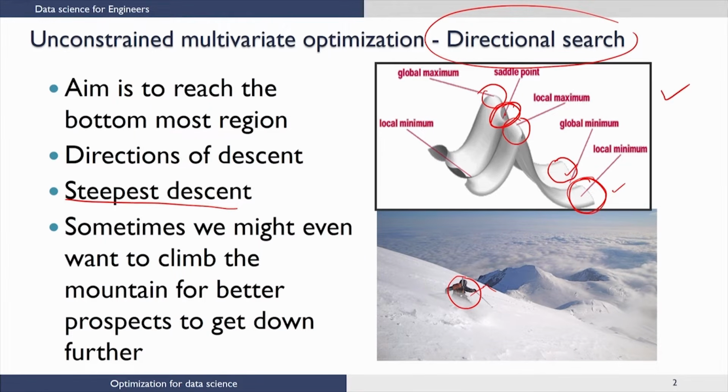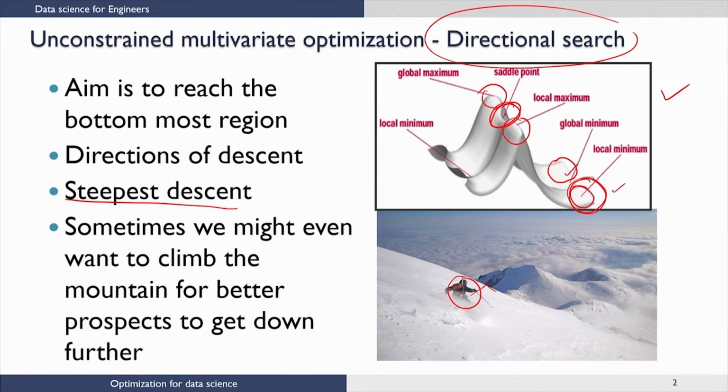Now, notice that we do the steepest descent and let us say we end up here. Then at that point you will find no direction where you can improve your objective function, that is, you cannot minimize your objective function anymore, in which case you are stuck in the local minimum. So, there are optimization algorithms which try to get out of the local minimum.